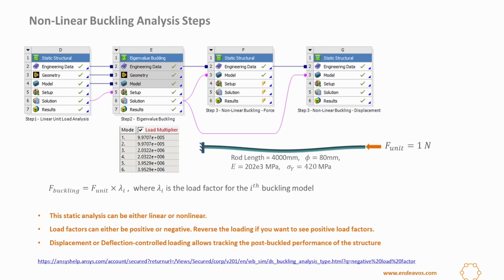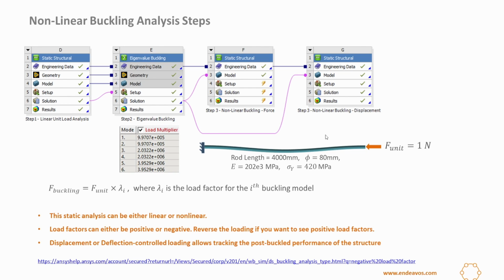In step 1, we do a linear static unit load analysis. In step 2, we do an eigenvalue buckling analysis, which gives these load multipliers. So if you take the example of a rod here, and the parameters are given down here, the unit load is either 1 Newton or 1 pound or whatever unit you're using.